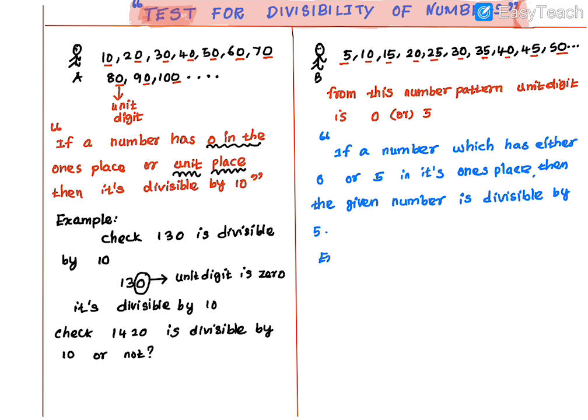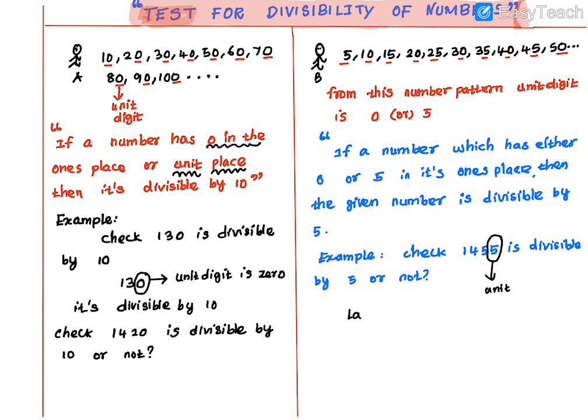I will give one example. Check whether 1455 is divisible by 5 or not. How can you predict that? Just look at the last digit, which is called the unit digit. It must end with 5 or 0; if it is 5 or 0, then the number is completely divisible by 5.